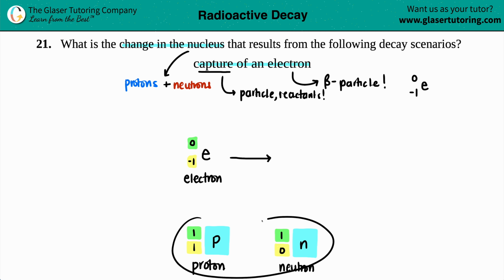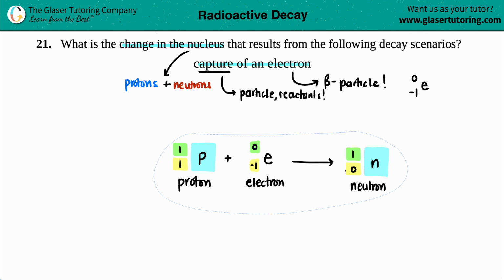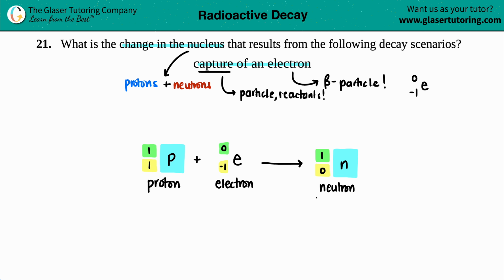What subatomic particle has a charge, or an atomic number? Yeah, the proton, which has a +1. So if I bring this proton up here and add these two together, 1 plus -1 is overall 0. The neutron is a 0 charge. 1 plus 0 for your mass number is 1, and the neutron is a 1. So I know that the proton has to be on the left side, the reactant side, and the neutron has to be on the product side.